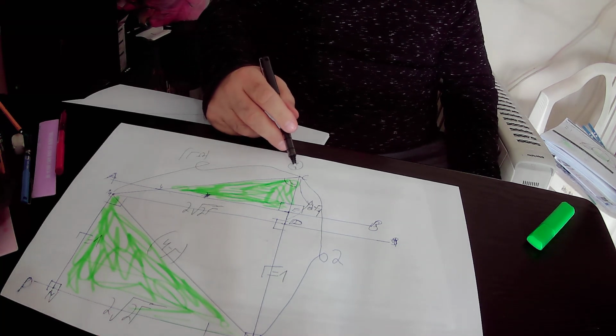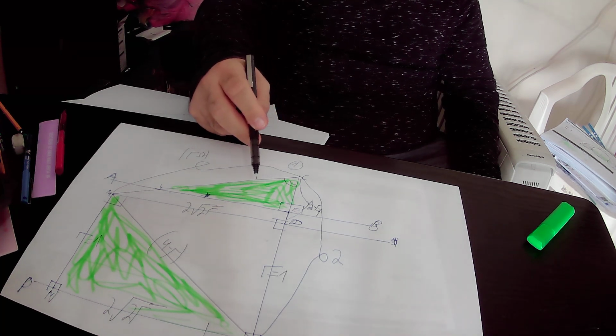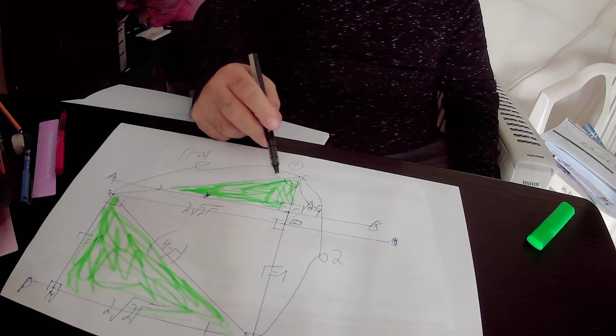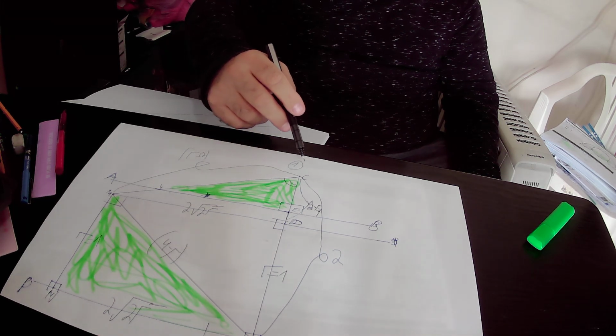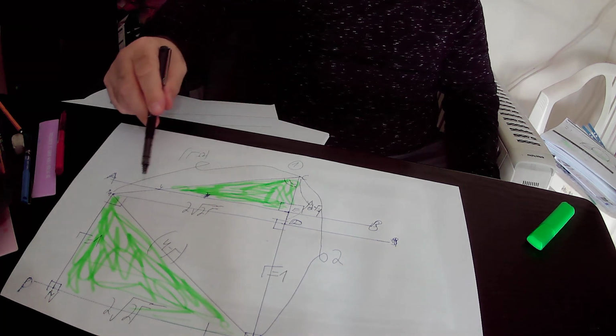Angle C belongs to the green triangle, and angle C also belongs to triangle CDM.